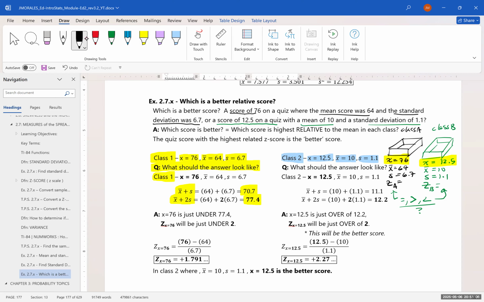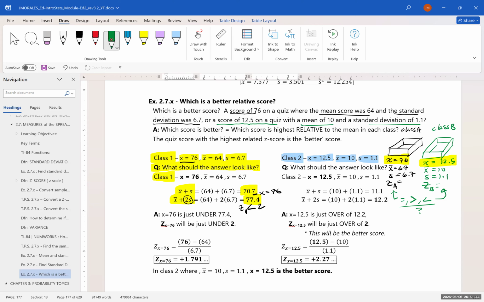So this student score of 76 is right in between those two, a little closer to two standard deviations than to one. So we're going to expect the z-score for class 1 to be close to 77. So I'm sorry, not 77, but close to 2. So close to 2, maybe just a little less.